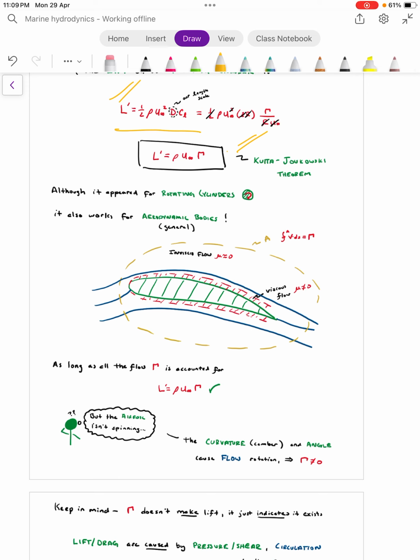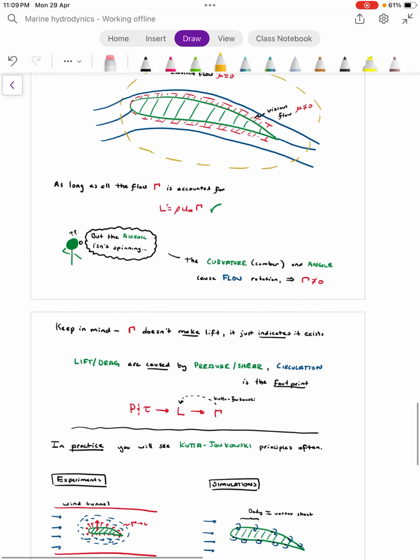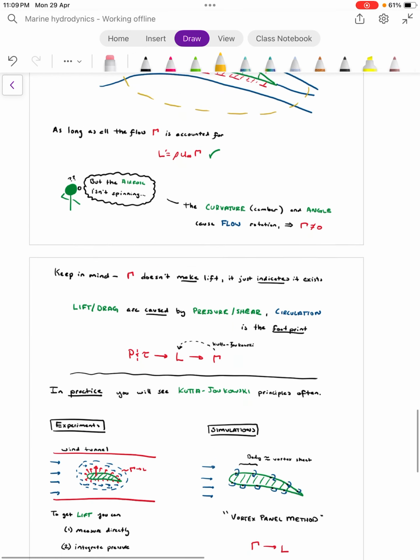That means the lift force on the body is directly proportional to circulation according to this theorem. Although we derived it for the rotating cylinder, it also works for any general aerodynamic body. It is quite helpful for calculating the lift force in this way.